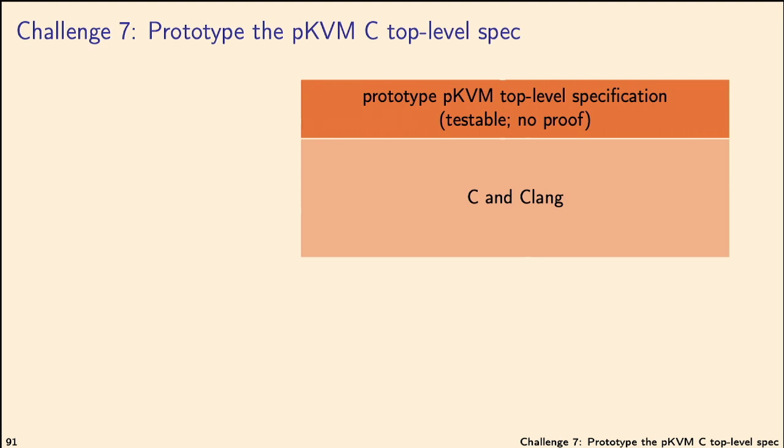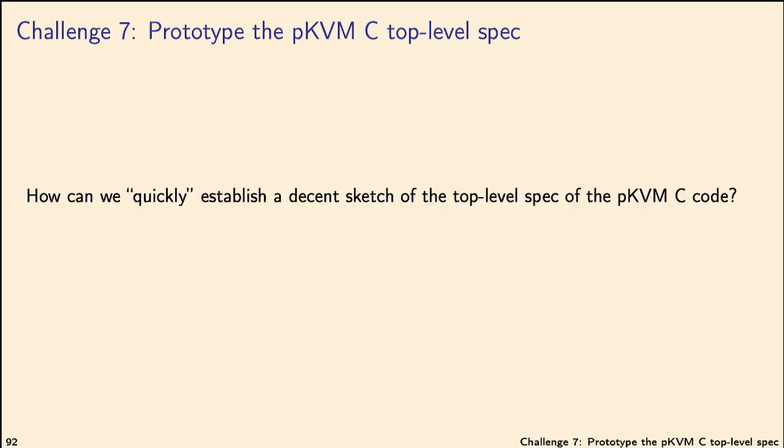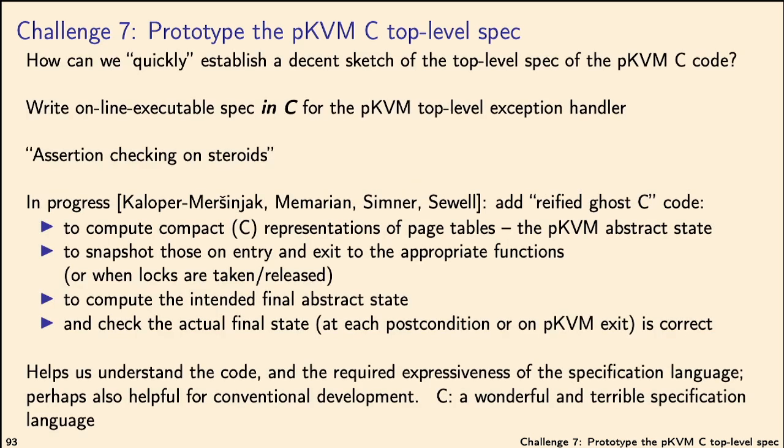And the scheme we have in mind is to translate these, hopefully rather straightforwardly, into the CN spec language, which may need to be jazzed up in some minor ways, and it will need a somewhat fancier separation logic at the end of the day. But a lot of this should just translate rather directly. Right? So, some kind of assertion checking on steroids, right? So we really compute in C reasonably efficient C representations of the abstract state that you might have written down as a bunch of Rocq data types if you were that way inclined, right?